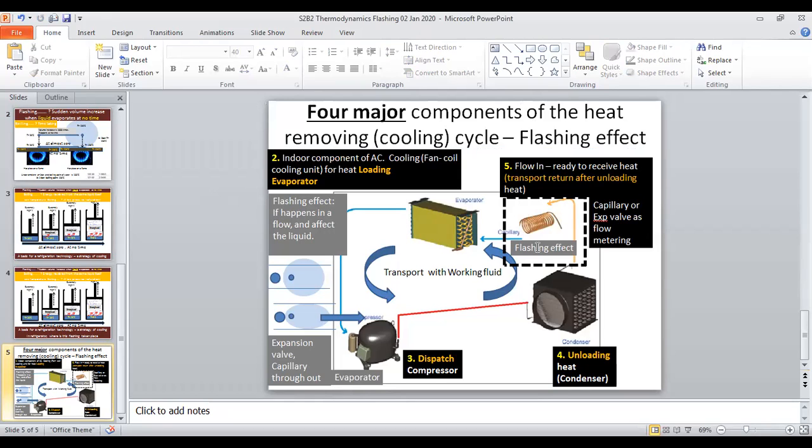Elsewhere it is not desirable, not very good. Even sometimes in the condenser or liquid lines there can be flashing effects, and we may not know. This is a very important piece of knowledge, especially for the B2 group to have.